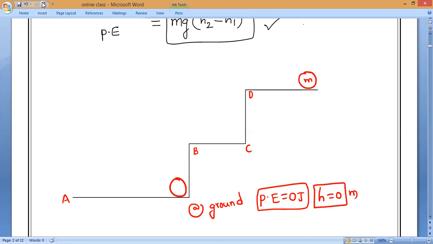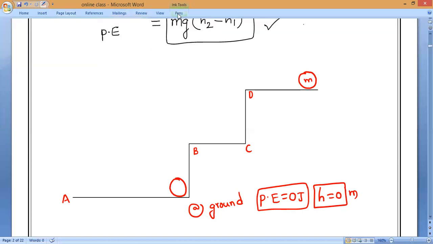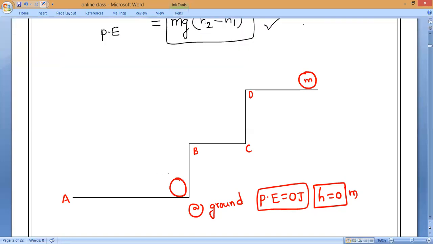So what is the path followed by it? I want the response. The path followed by it has been climbing. You can see, it is rising like this, and it is going like this, and like this. So this is the path followed by the body.